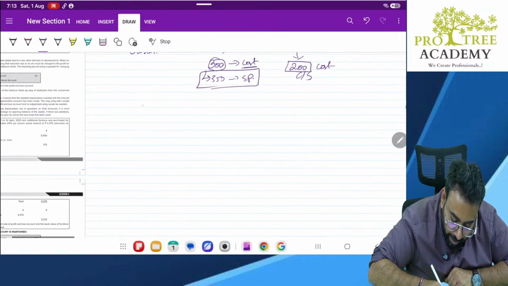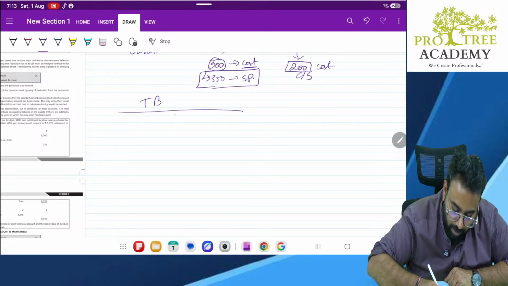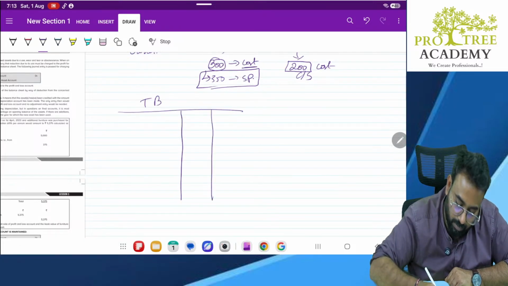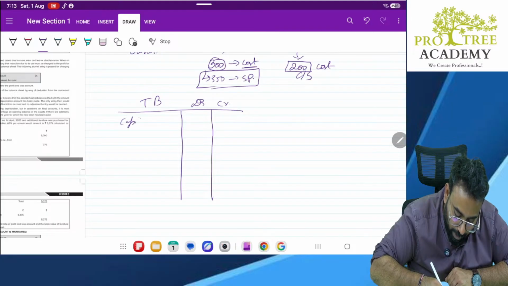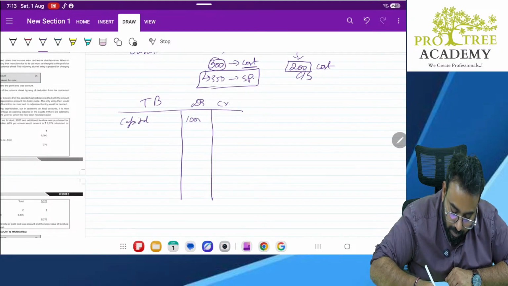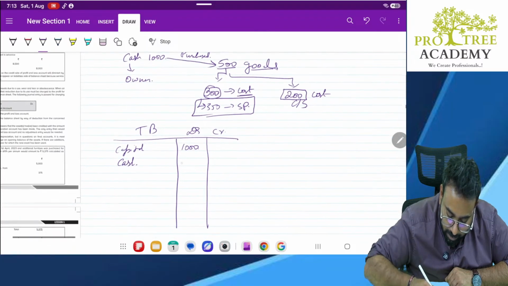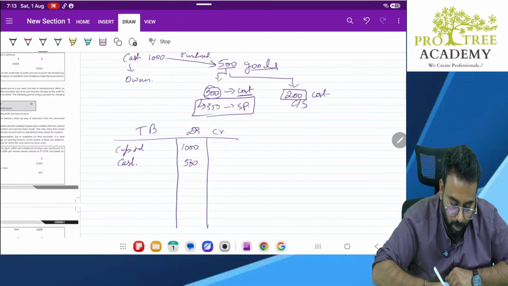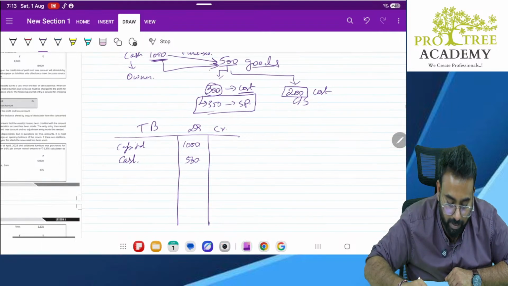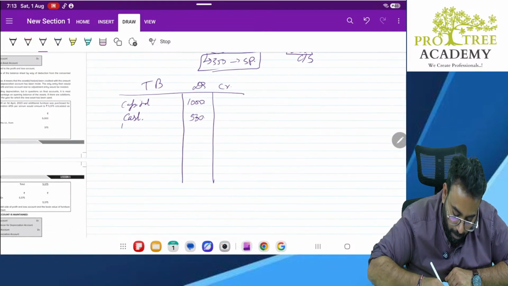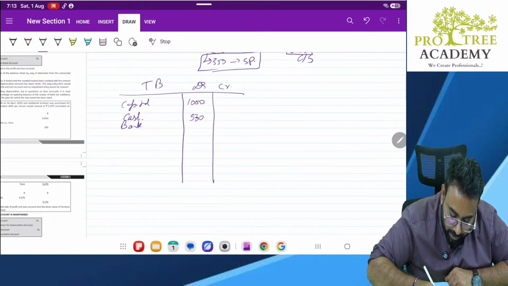Now, if you prepare the trial balance, how will you prepare it? Debit, credit. Capital account is 1,000. Cash balance is 500. Sir, you said 1000. Yes, but out of that we have taken 500 here. Correct or no? Bank balance is 350.